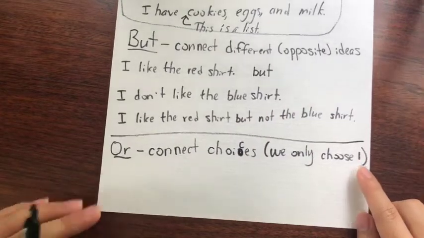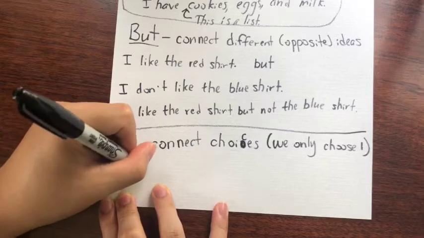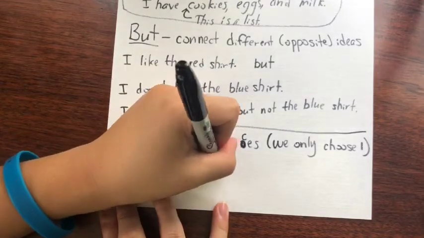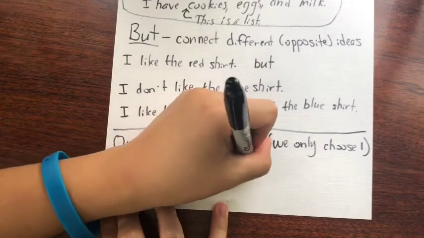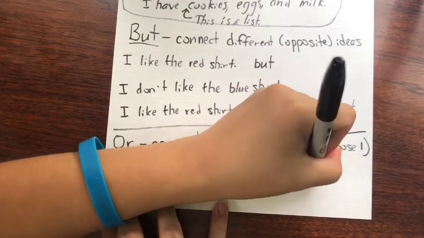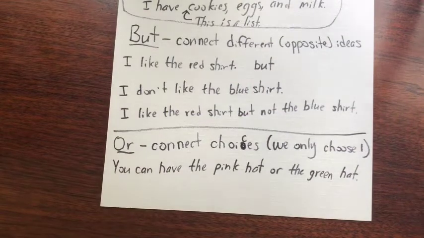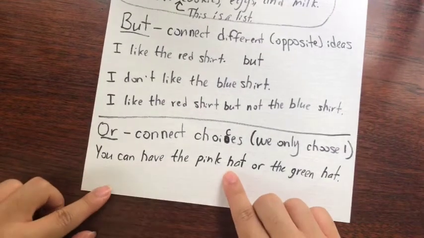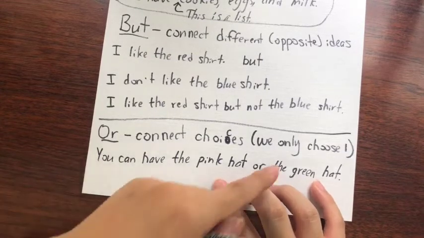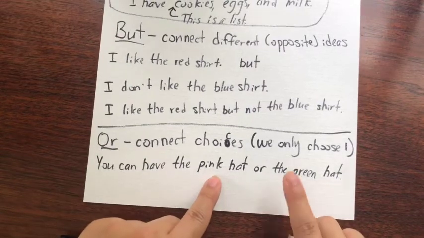We only choose one. So we say, you can have the pink hat or the green hat. You can only have one, so you need to choose one. Which hat do you want? The pink hat or the green hat?